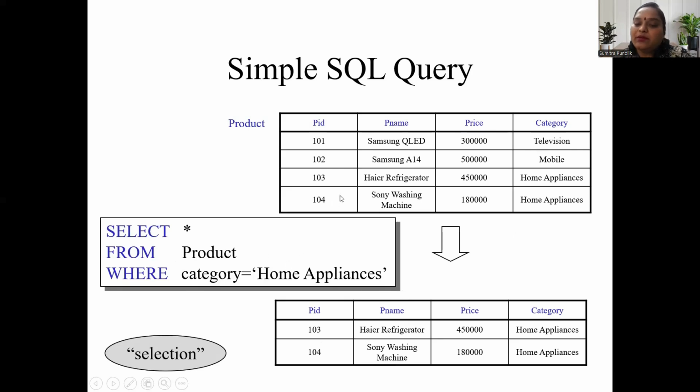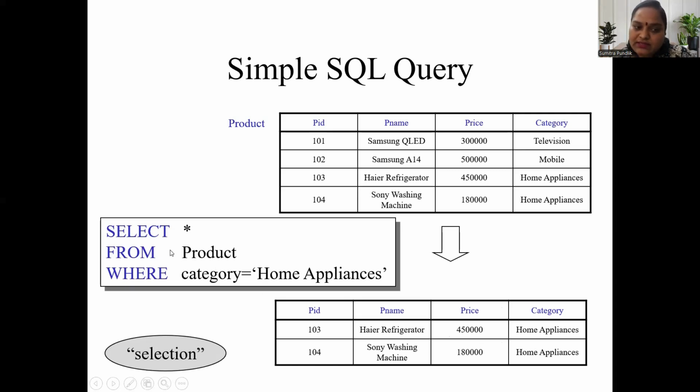Then from which table? From the product table. And where, here I am putting the condition. The category I am expecting is home appliances. So wherever home appliances is there, that particular data is going to be fetched, and I'll be getting all the column information related to the data which satisfies the home appliances condition.